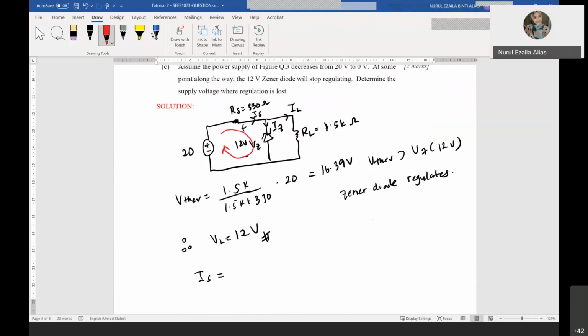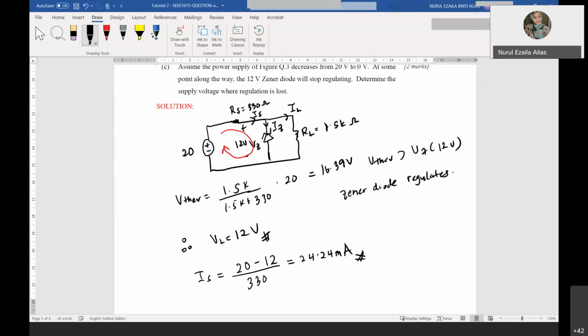Because you know already the voltage drop over there is 12 volt, can I straight away use it like that? Can. Using KVL, IS is equal to 20 minus 12 over 330. It is equal to 24.24 milliampere.